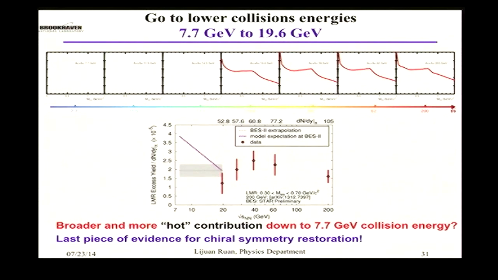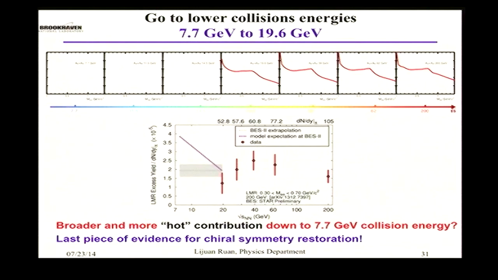And we find that if we go to lower energy, for example 7.7 GeV, which is almost the lowest one RHIC can do, that physics quantity increases by a factor of 2. So naively, you would expect this mass spectral function, this emission pattern, to get more and more broadened.